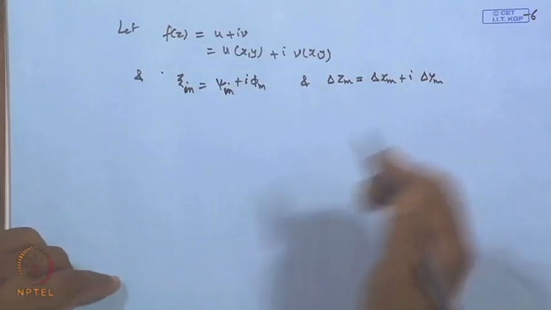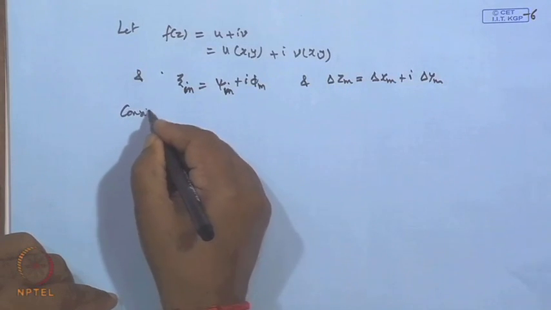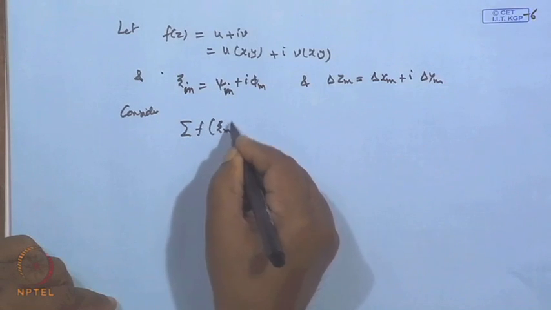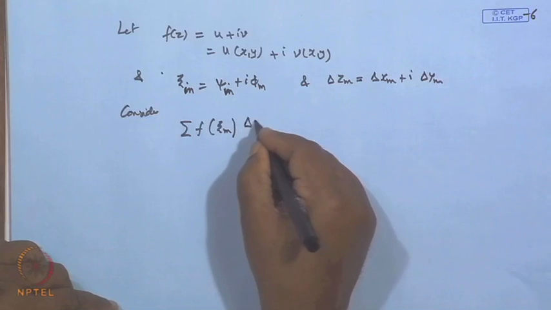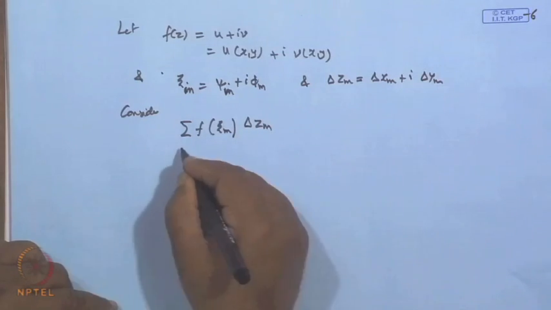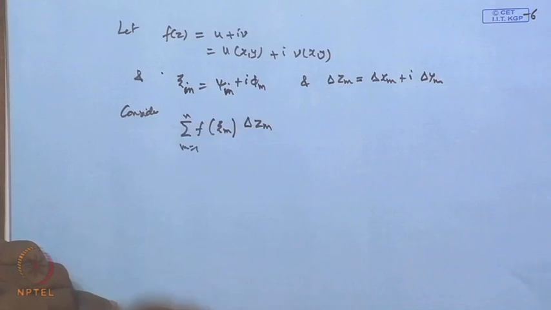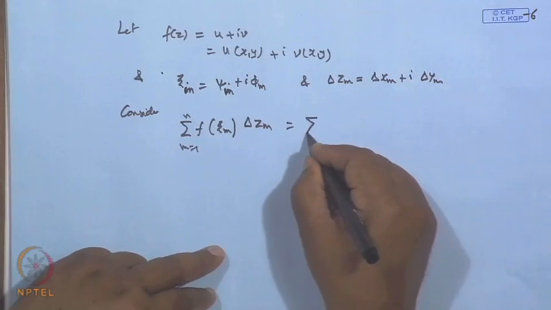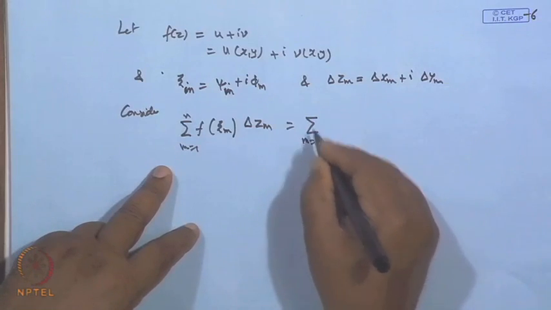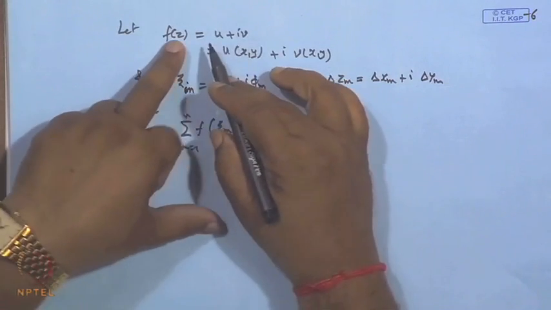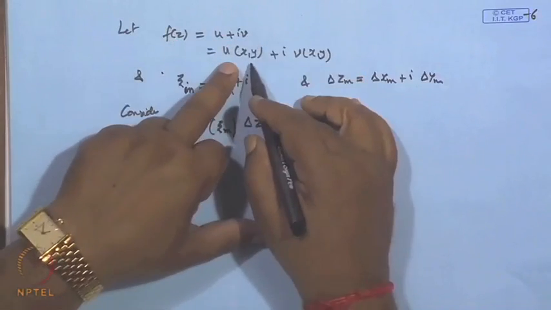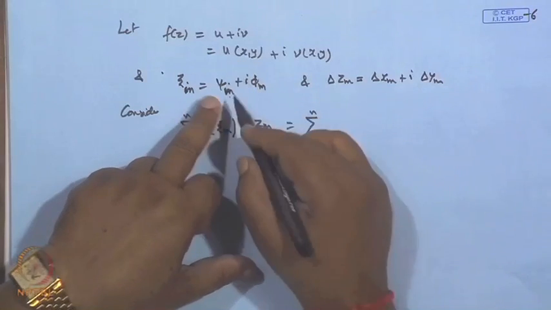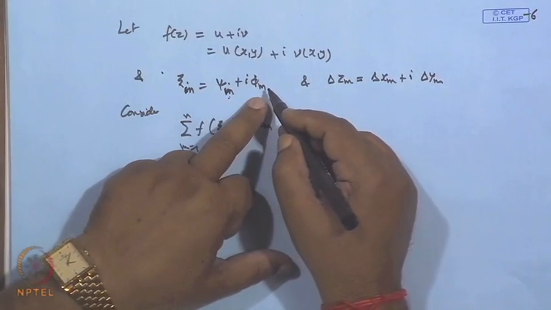Now, construct this sum. Consider the sum, m from 1 to n, of f(ξ_m) times delta z_m. So, this will be equal to the sum from m equals 1 to n of f(ξ_m), which is u and v, a function of ξ_m and η_m both, is it not?